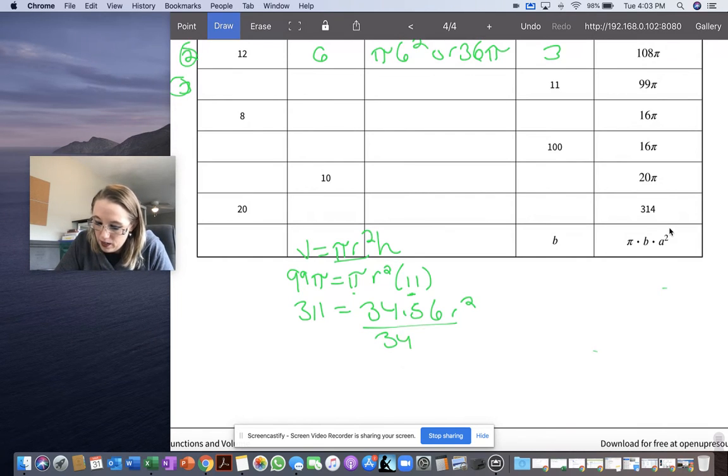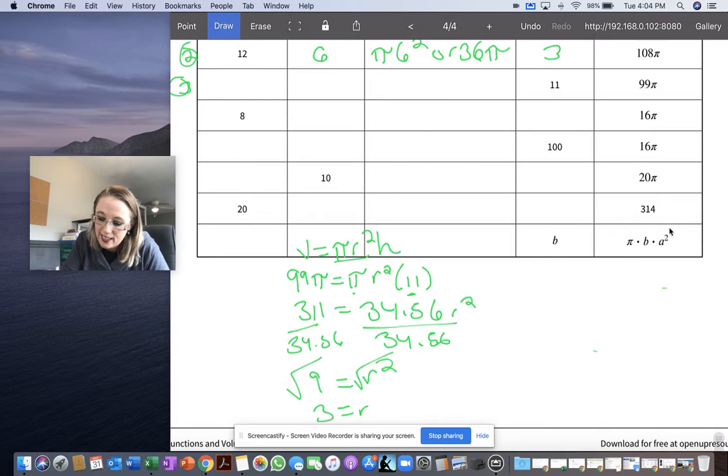Divide by 34.56, and you're going to get 9 on this side and r squared on this side. Now this is going to look super familiar because you can take the square root, and you're going to get 3 equals r.